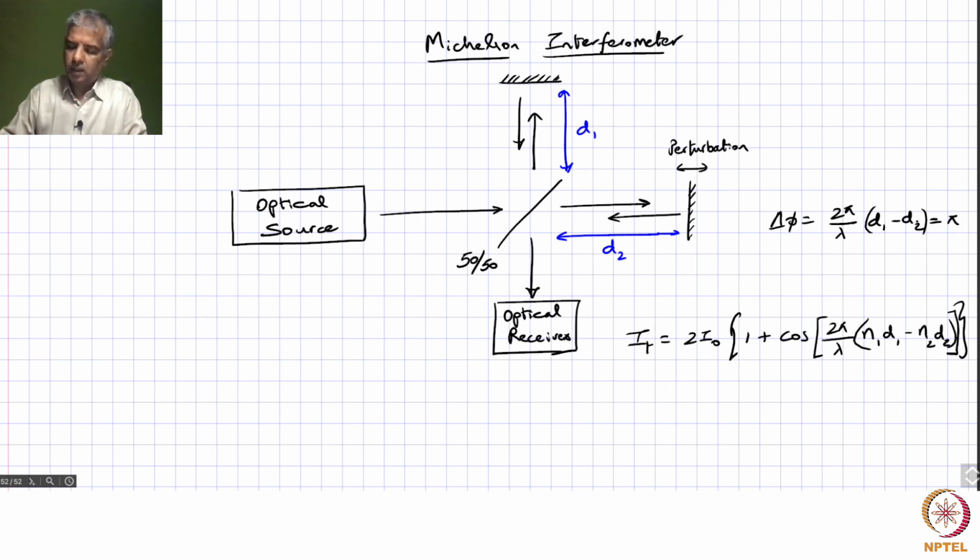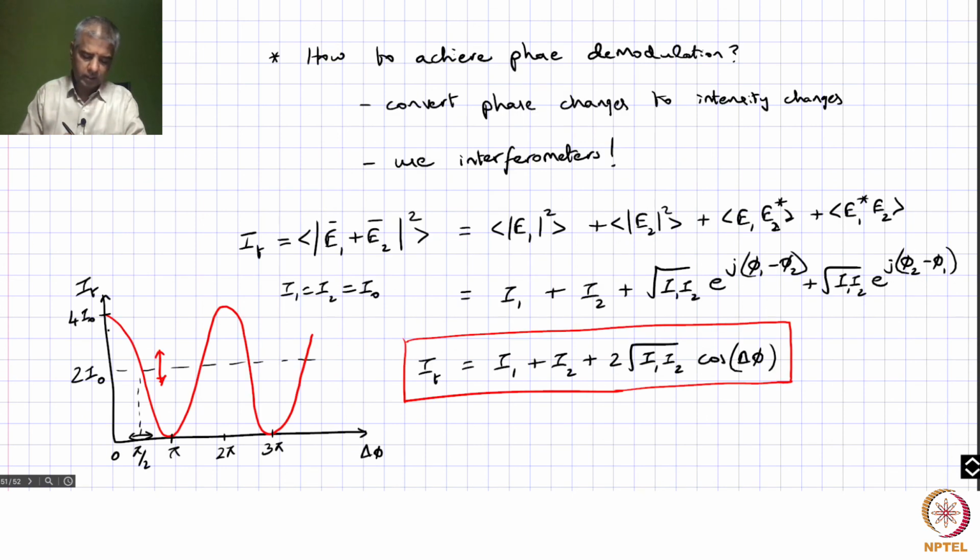So if you are looking at a pi phase shift, d1 minus d2 will correspond to lambda by 2. So if d1 is fixed and d2 is equal to d1 initially, and at that condition you move by lambda by 2, the lambda that we are typically using is on the order of a micron. So even if it moves by half a micron, you have a huge change in the intensity from maximum to minimum.